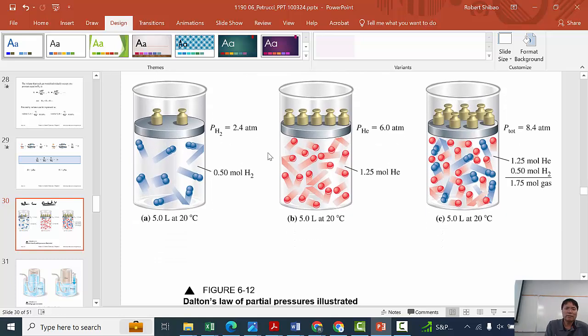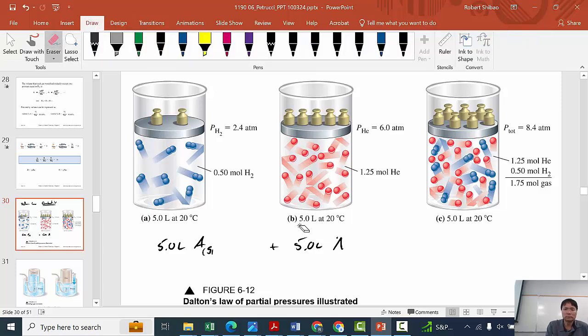Okay, so if I have 5.0 liters of gas A plus 5.0 liters of gas B, that's going to equal how many liters of mixture?